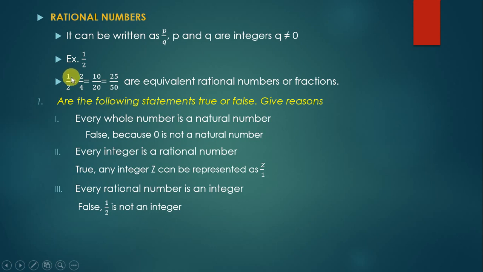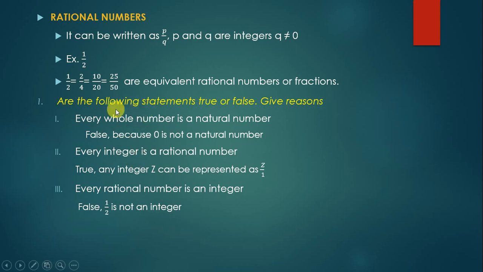If I multiply 25 on both, I get 25 by 50. So these are known as equivalent rational numbers. That means, if we multiply the same number on the numerator and the denominator of a rational number, we get an equivalent rational number.